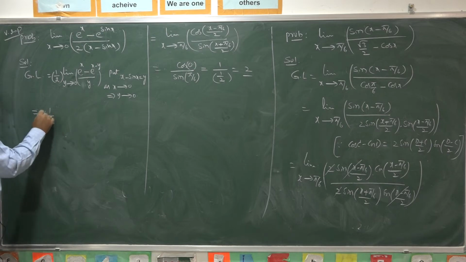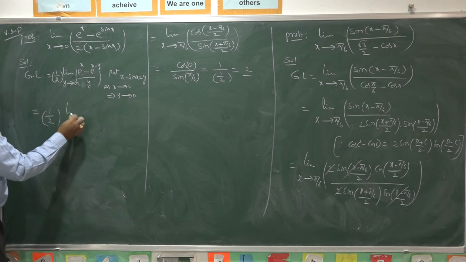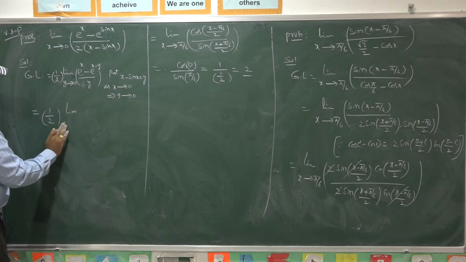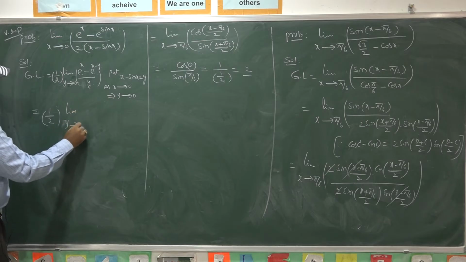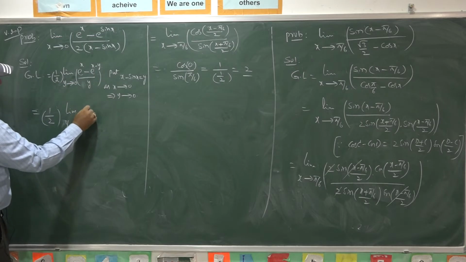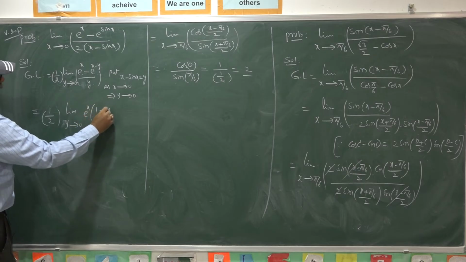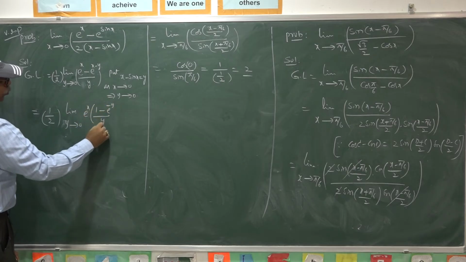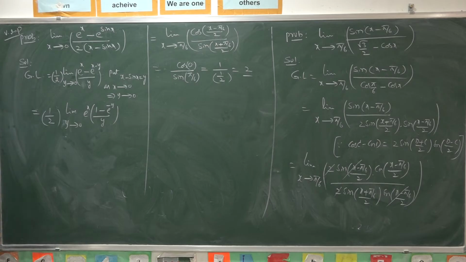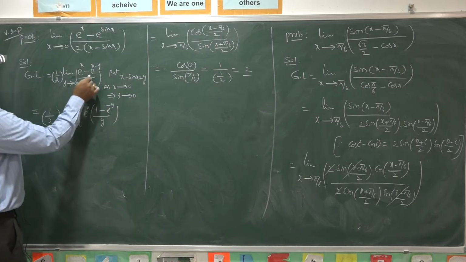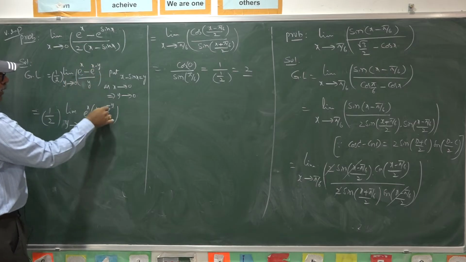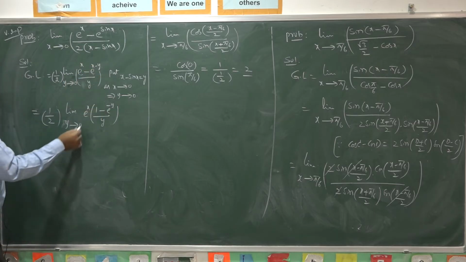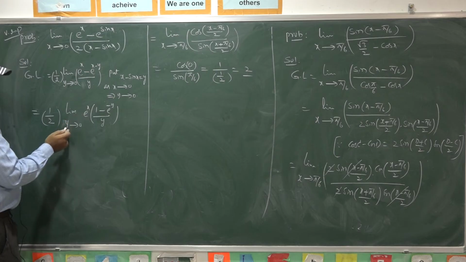1 by 2 into limit as y goes to 0. You can take e power x as common, so that it becomes 1 minus e power minus y by y itself. Taking e power x as common, you can write it as 1 minus e power minus y. E power x is independent of y.